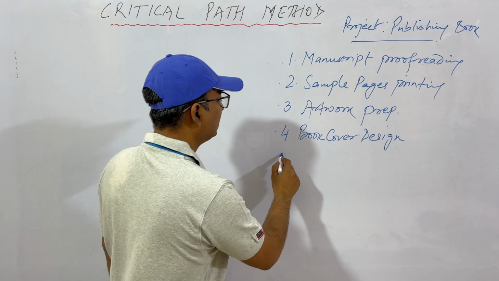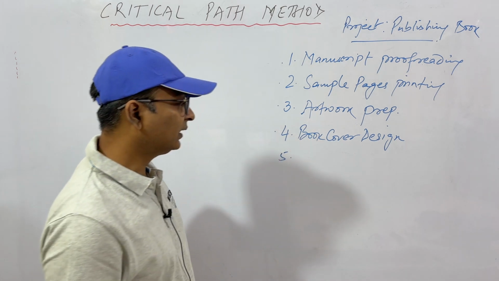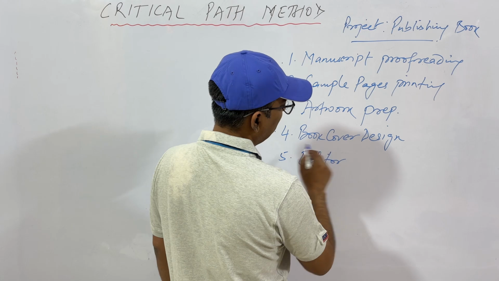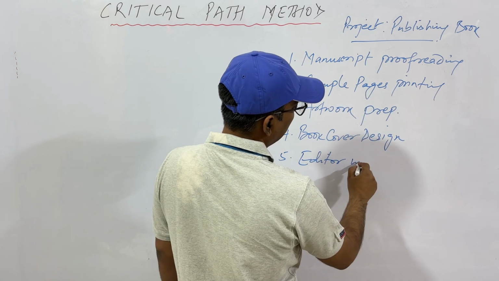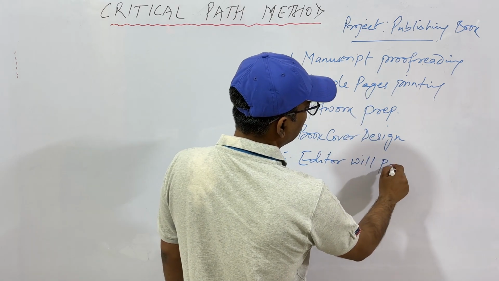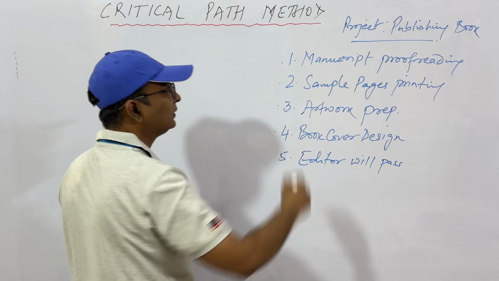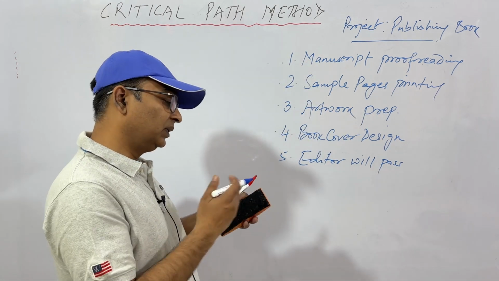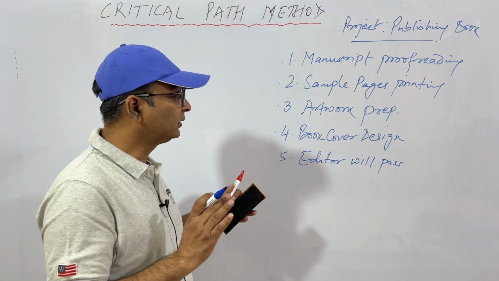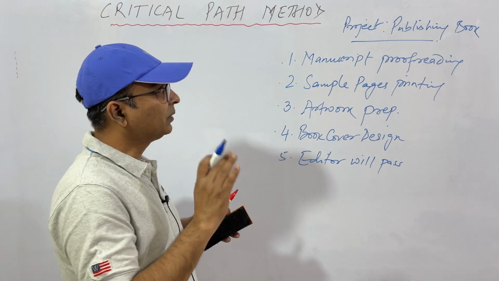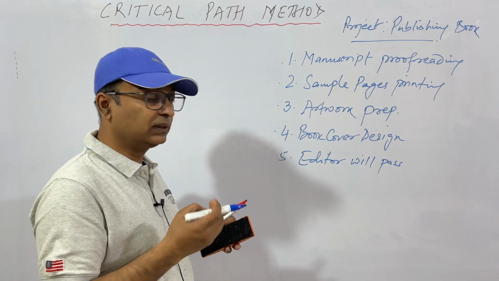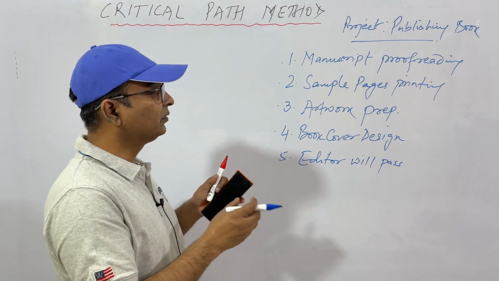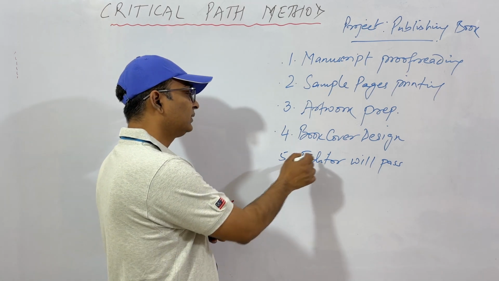Now after that, the next activity will be that the editor will, let's say, pass all these. Editor will pass all these, that is manuscript proofreading. The editor checks it and says okay, this is okay. Sample pages, he also inspects the pages and says correct. Artwork, he verifies the artwork, and finally book cover, he is happy with it. So fifth step will be this.